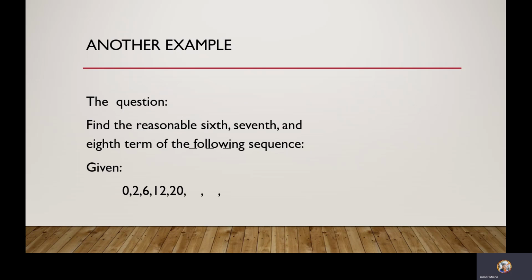So, another example po tayo. Katulad pa rin to ng problem set B number 43. So, the question is, find the reasonable 6, 7, and 8 term of the following sequence. So, the given is 0, 2, 6, 12, and 20.